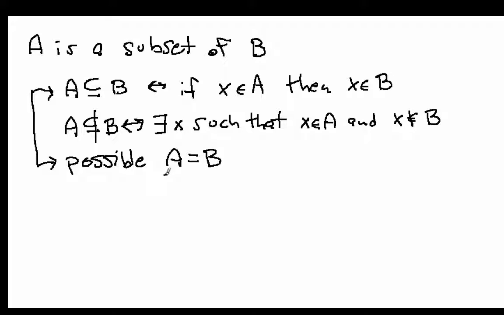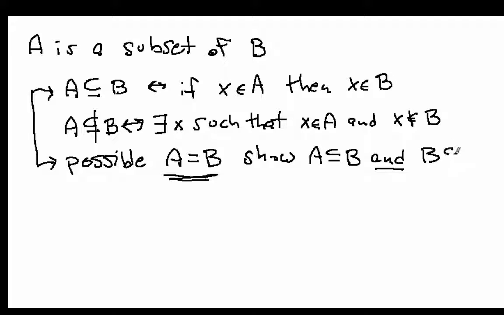Now, to show that two sets are equal, we actually have to show two things. We'd have to show that A is a subset of B and B is a subset of A. If both of these conditions are true, then we would say that they're equal. On the other hand, we could write something like the following.